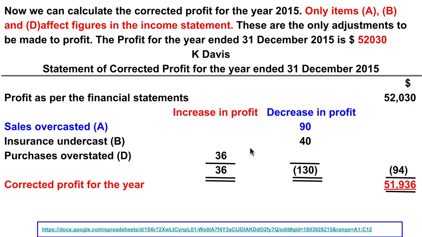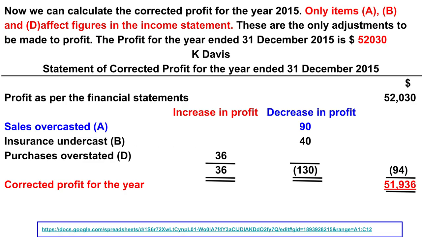In another way, we can do this. If students are feeling difficulty identifying an increase or decrease in profit, there is a shortcut method that I used to teach the students. Suppose an income statement item is debited, irrespective of income or expenditure: decrease the profit. If an income statement item is credited, increase the profit.